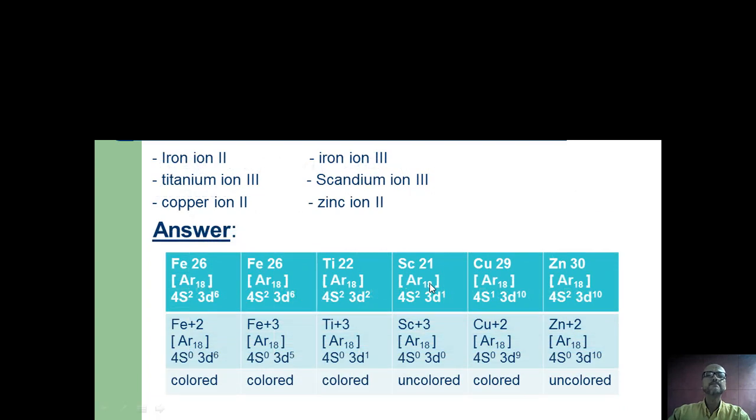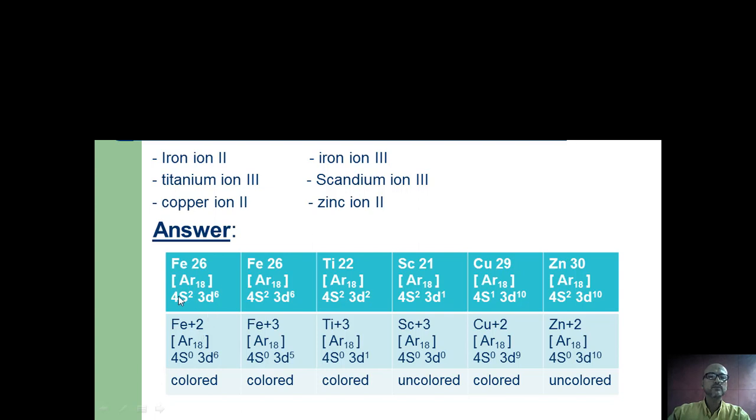Next point. Classify the following into colored and not colored substances. Also, classification here depends on the presence or absence of unpaired electrons in the sublevel. If you start with iron 2, I wrote here iron before losing and iron after losing 2 electrons.